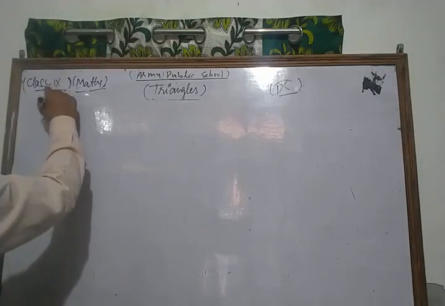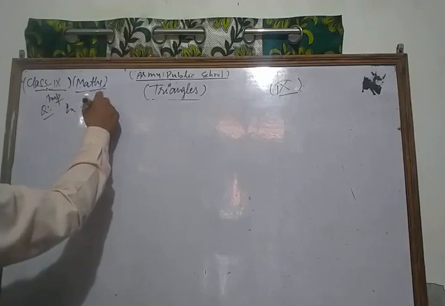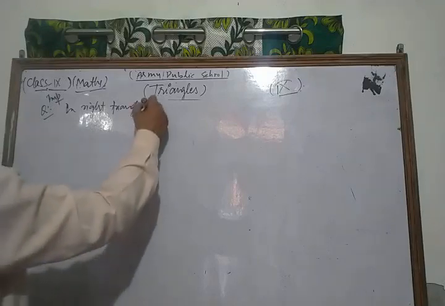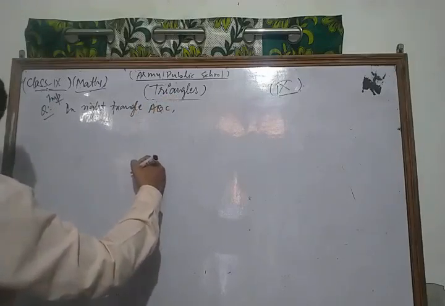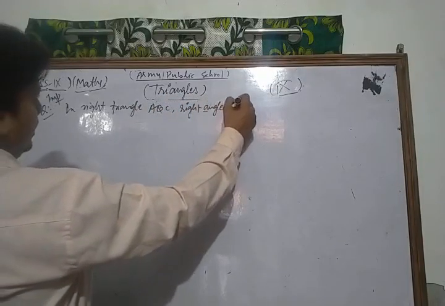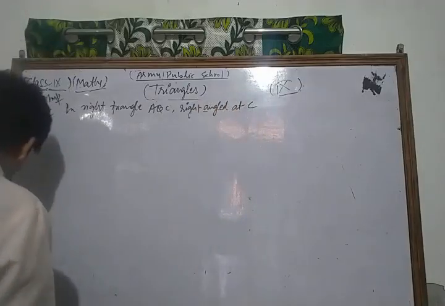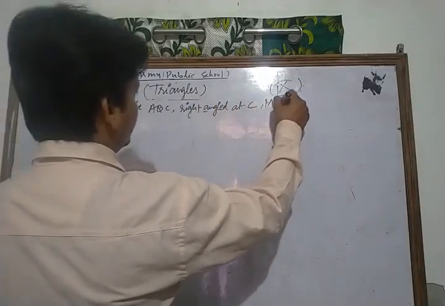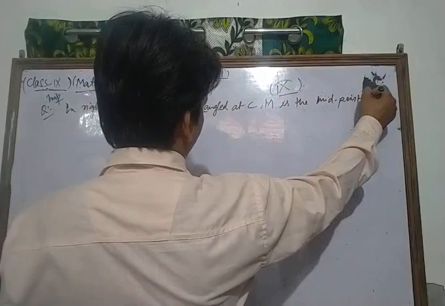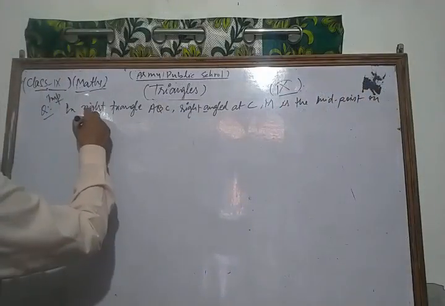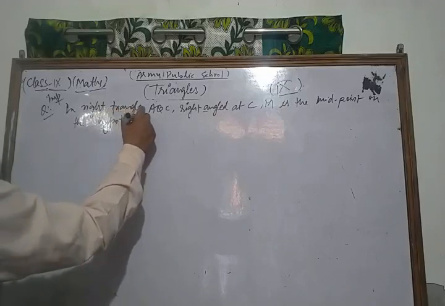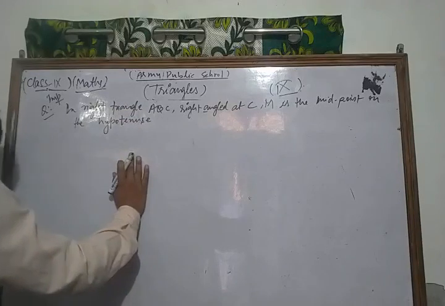In right triangle ABC, right angle at C, M is the midpoint of the hypotenuse AB.